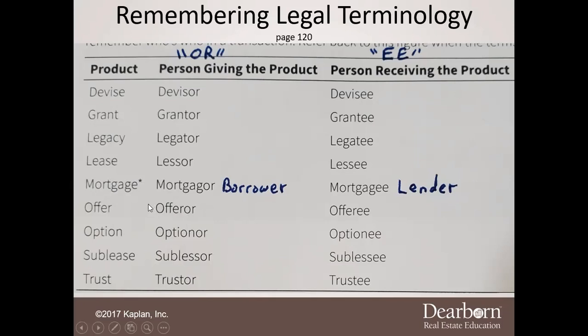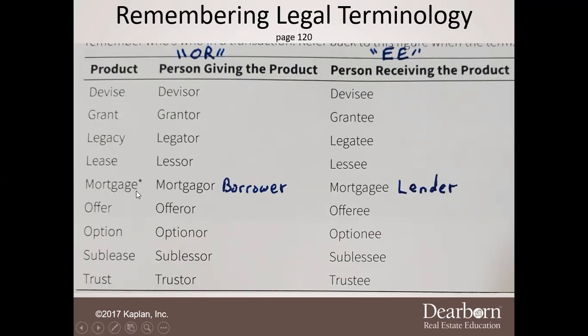There is such a thing called a mortgage loan, but that's two words, mortgage loan. The word mortgage itself is a promise to pay. If you get a mortgage loan, that means you're getting a loan in return for giving a mortgage to the lender. A mortgage is your promise to pay them back.